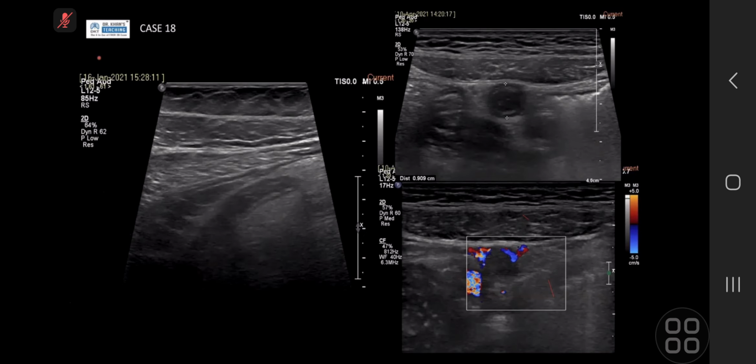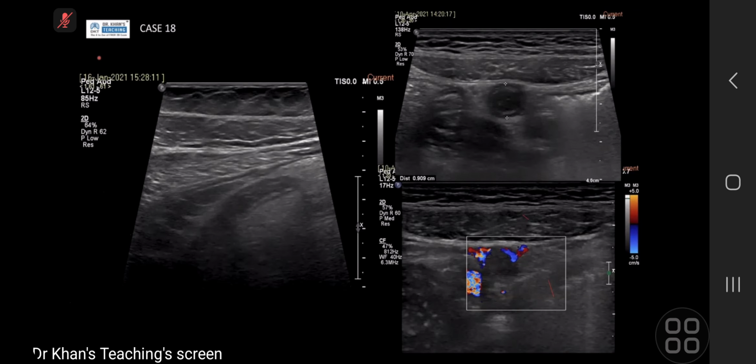I think this represents appendix. The diameter is 0.9 cm, which is thickened. So there's appendicular increased vascularity. So I think it's an acute appendicitis.